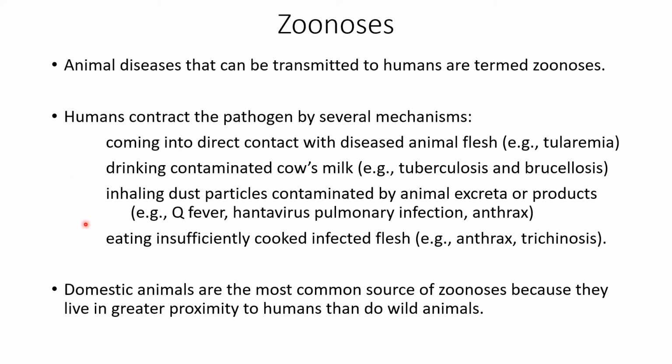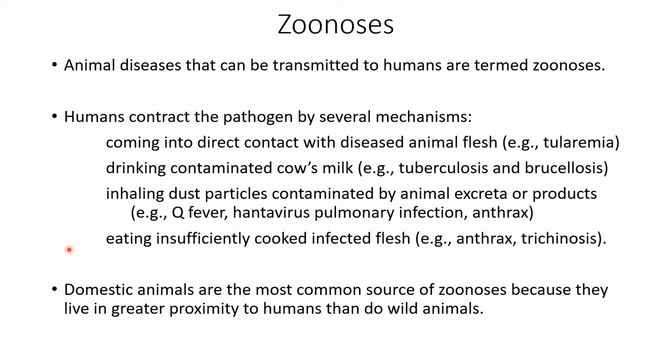Or humans might just inhale the dust particles contaminated by the animal fecal material, that is animal excreta or its products, or eating insufficiently cooked infected flesh. So by all these ways, humans will get the pathogen from the animals.